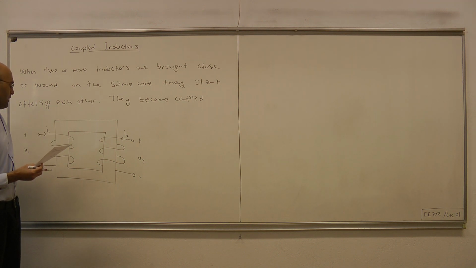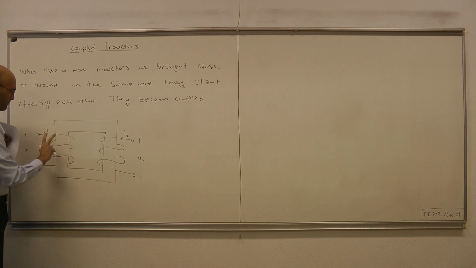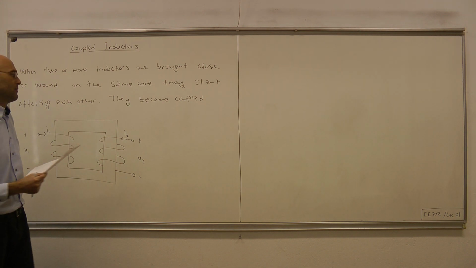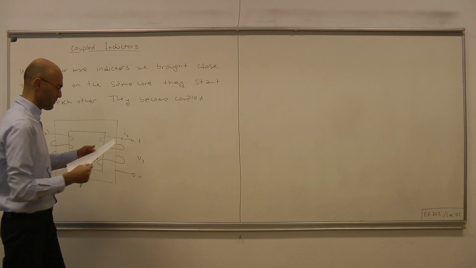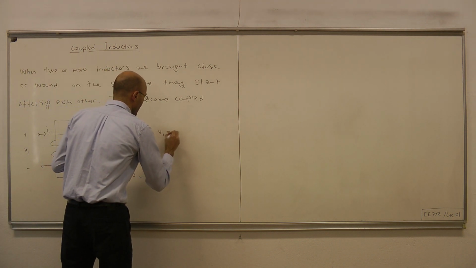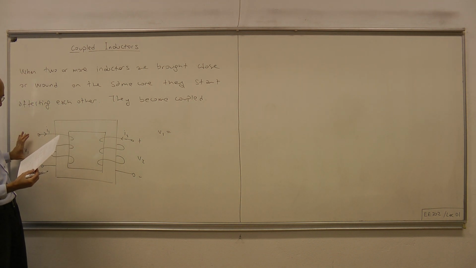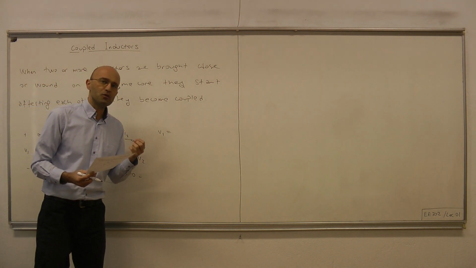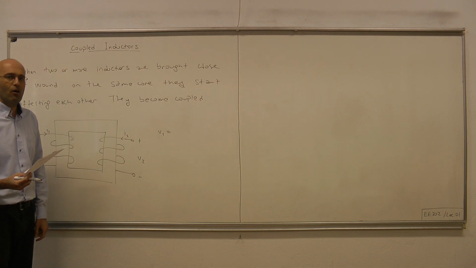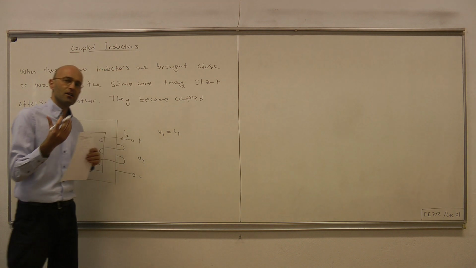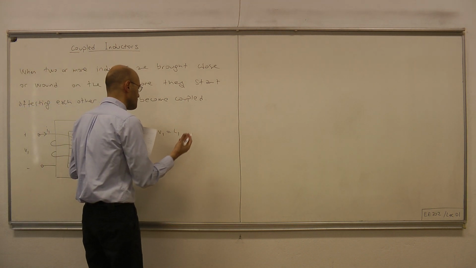Now, this physical device we model in 201 such that the voltage generated here is proportional to the rate of change of the current, and proportional to the constant we call the inductance of the coil, or inductance of the inductor.